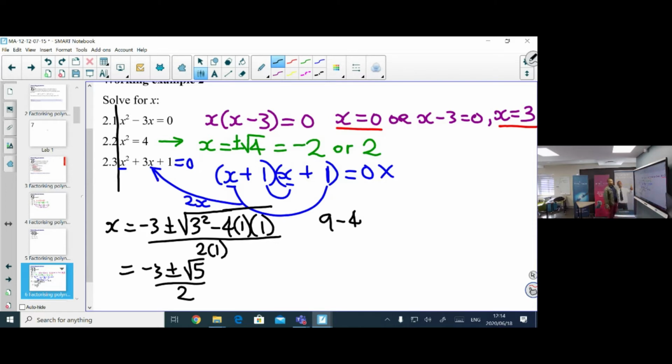This is our solution in surd form. Surd means that we are dealing with a square root in our solution, which is more accurate than to use a calculator and get a solution. But if you are asked to give your answer to 2 decimal places, for example, then you use your calculator to get a solution.